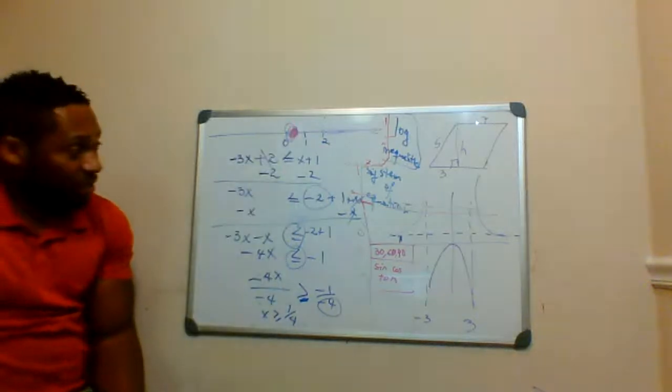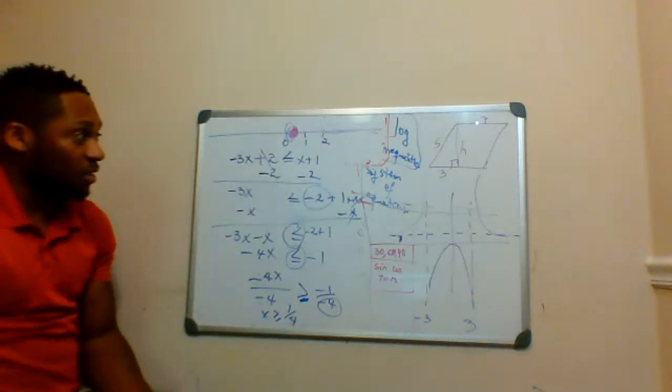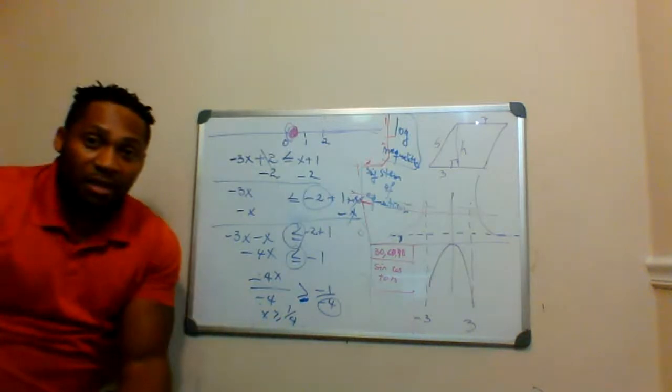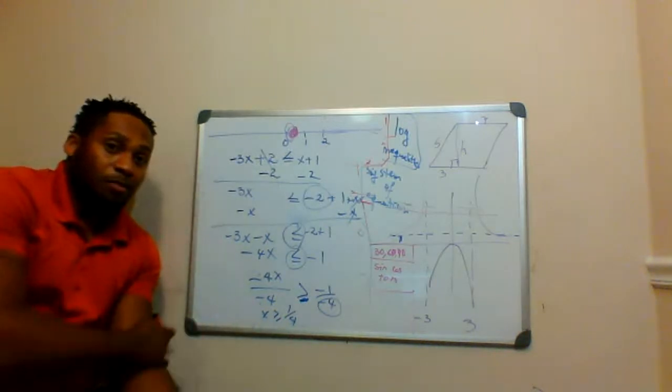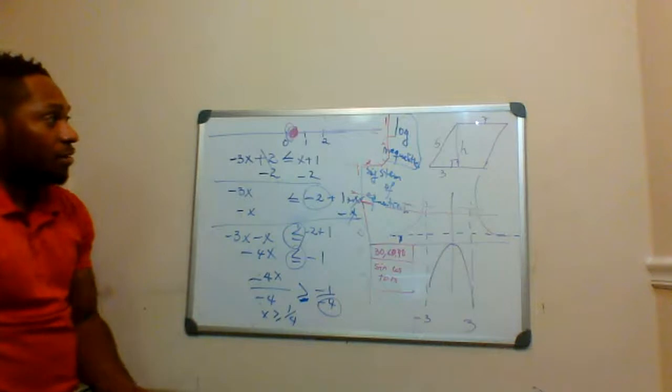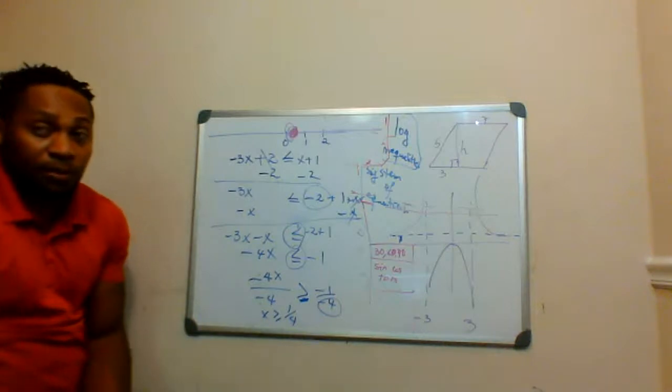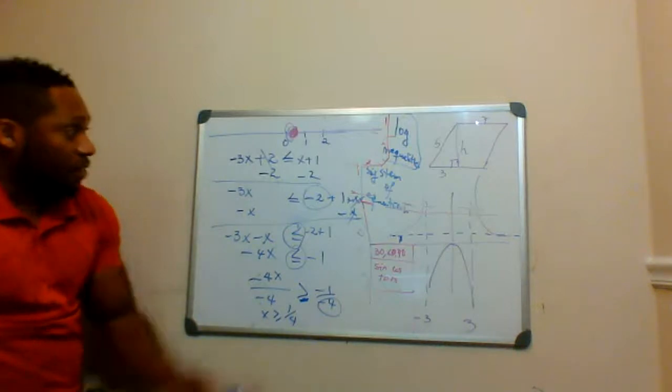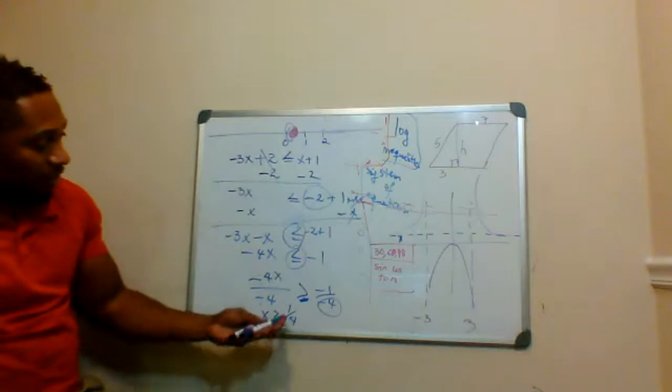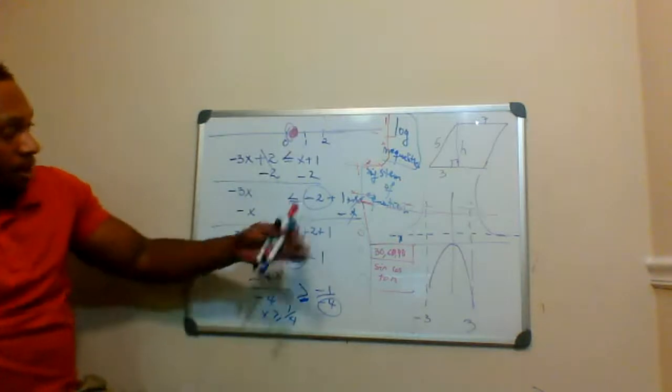So I did 2 examples of inequality. Basically, you solve them like equations. When you get all the way to the bottom, you find out if you need a closed circle or open circle.